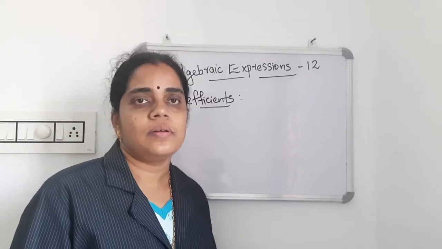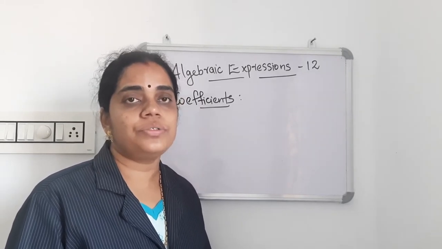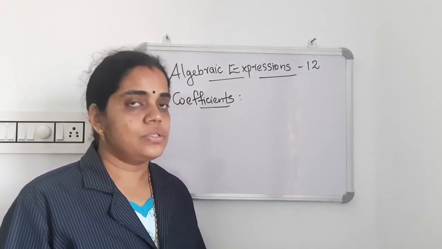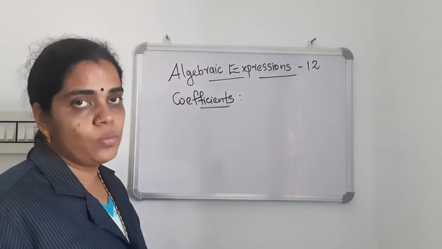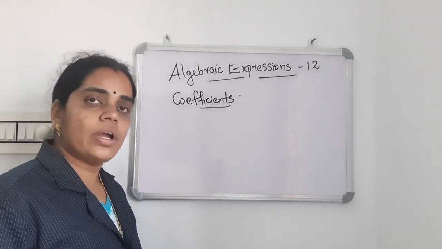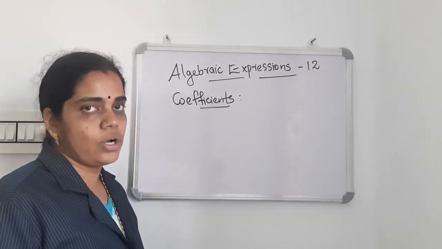Now we have learned how to write a term as a product of its factors. The factors may be numerical also. Such a number is known as the numerical coefficient or simply the coefficient.